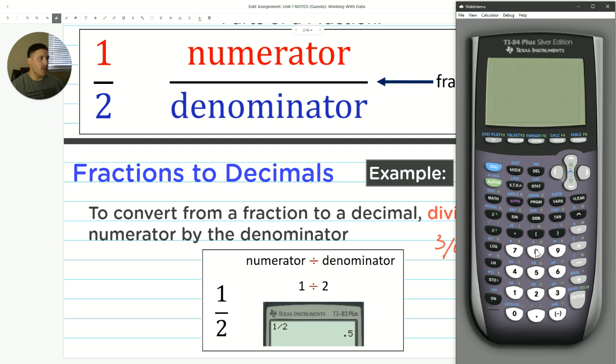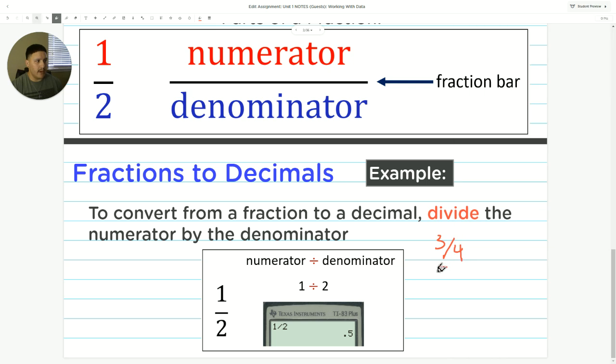And you're simply going to divide them. 3 divided by 4 is 0.75, and that would be your decimal equivalent to that fraction. 0.75 or .75, either one is correct. Typically, if there's a 0, we just chop it off and use .75, but either one is an acceptable answer.